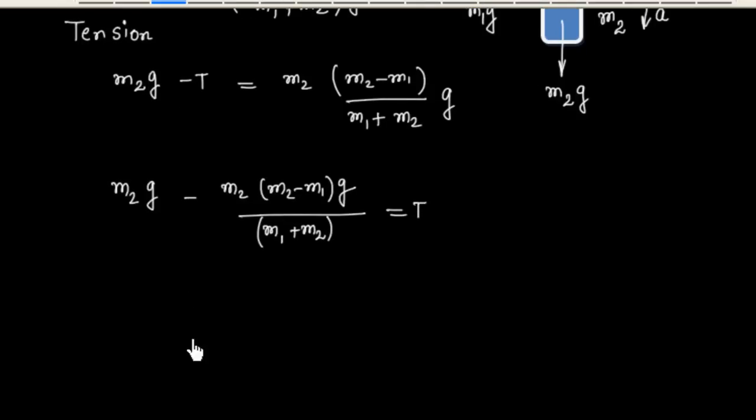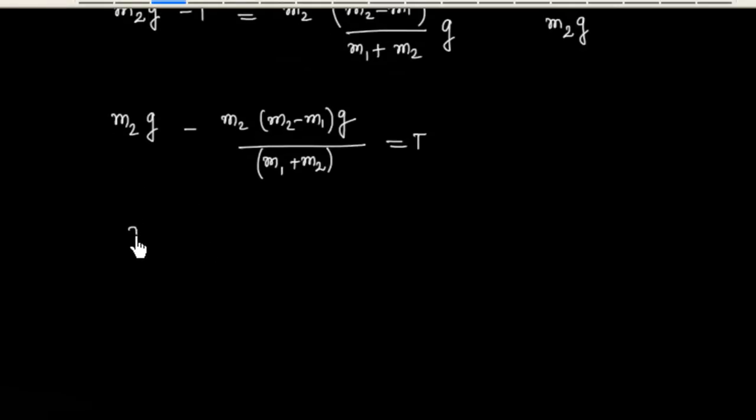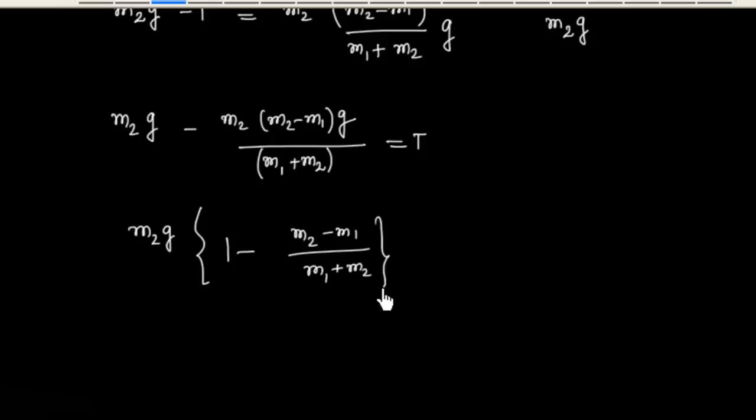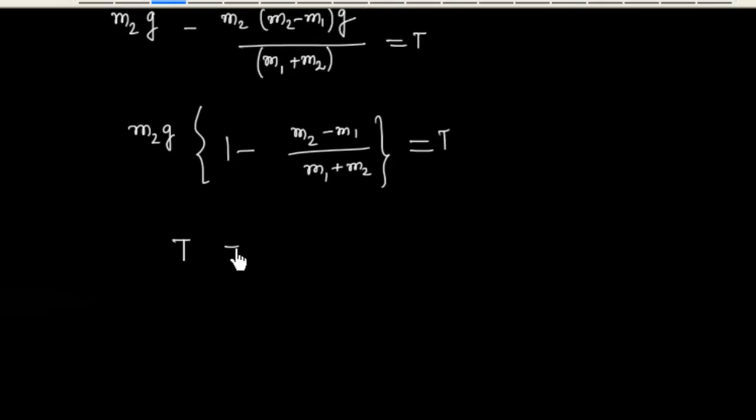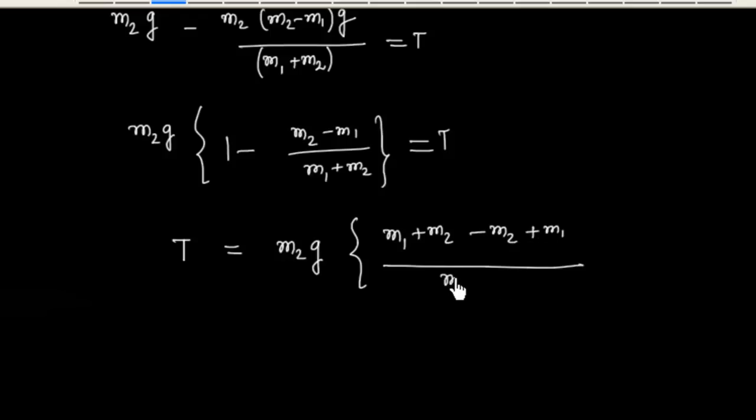So if I take m2z common, I will have 1 minus m2 minus m1 divided by m1 plus m2, is equal to T. Or if I simplify further, T is equal to m2z, and here I will have m1 plus m2 minus m2 plus m1, divided by m1 plus m2.